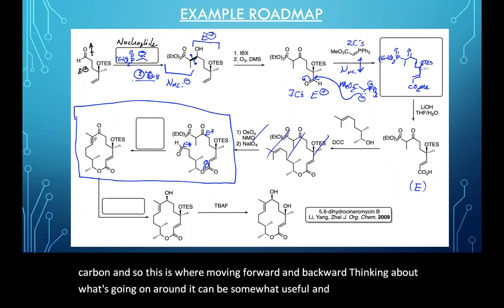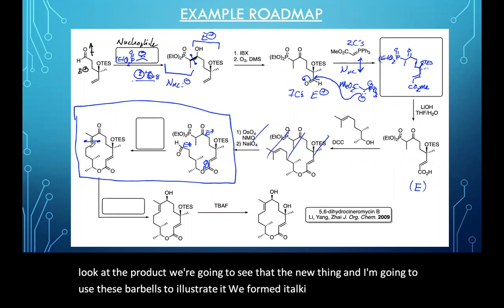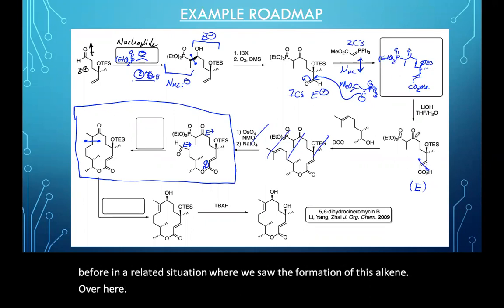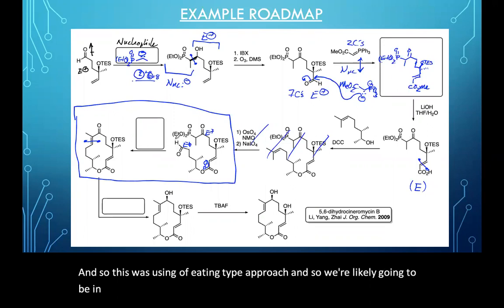If we look at the product, the new thing, and I'm going to use these barbells to illustrate it, is that we formed an alkene. We did that before in a related situation where we saw the formation of this alkene over here. And so this was using a Wittig type approach, and we're likely going to be seeing something similar.